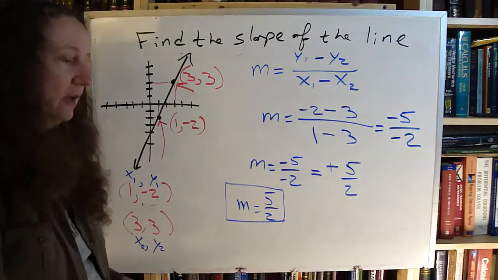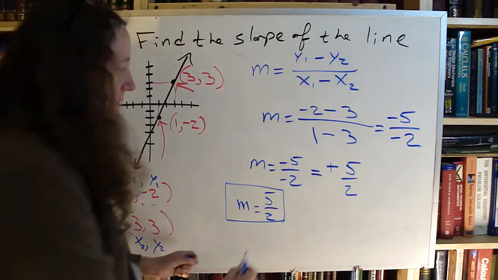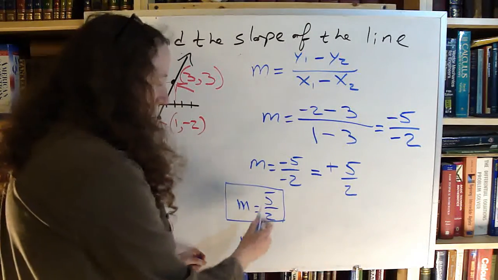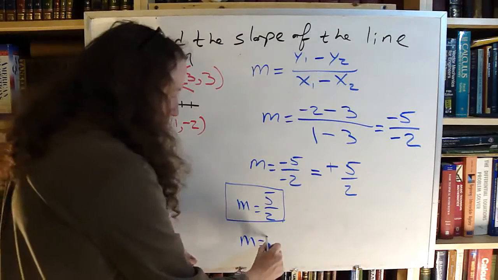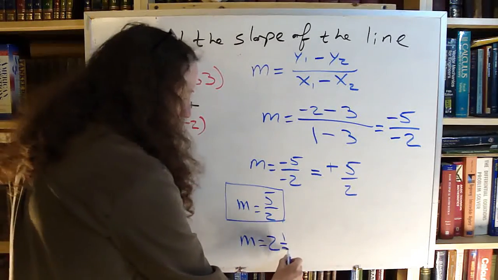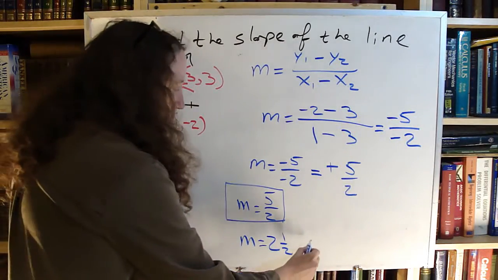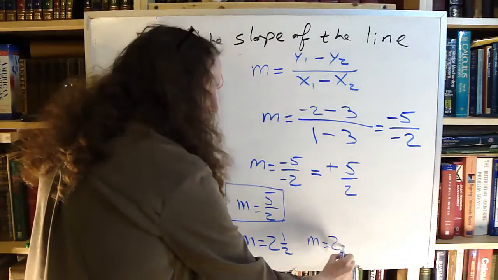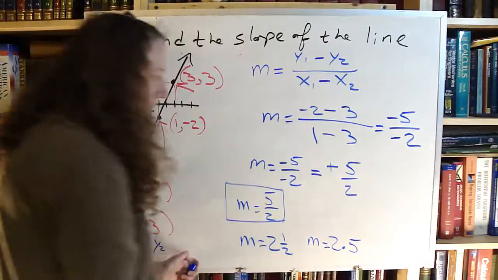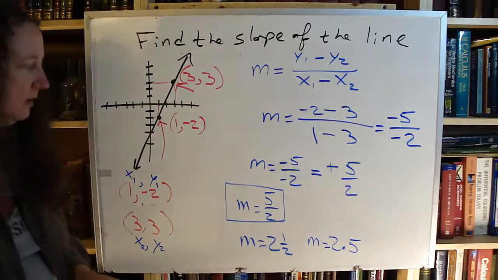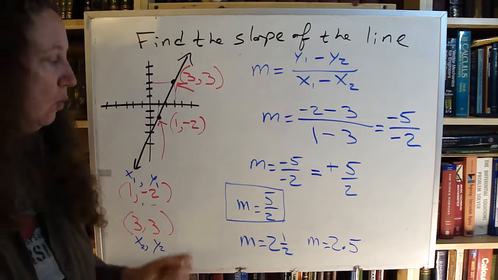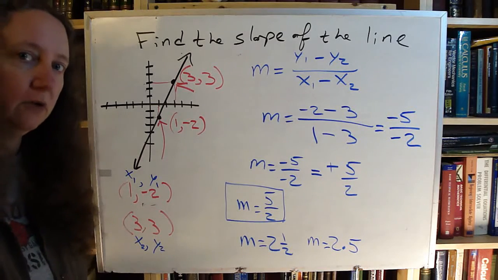You can answer it as an improper fraction, or slope is, turn that into a mixed number, 2 1/2, or slope is 2.5. Pay attention on the computer. Which way are they asking you to answer this?